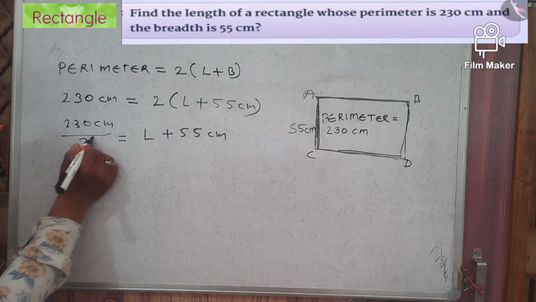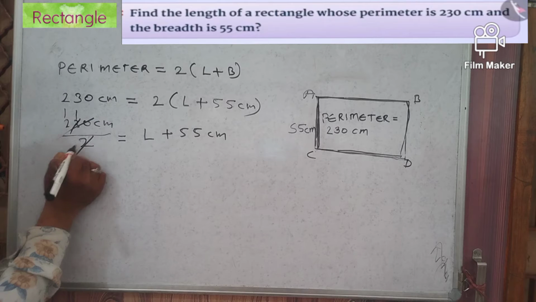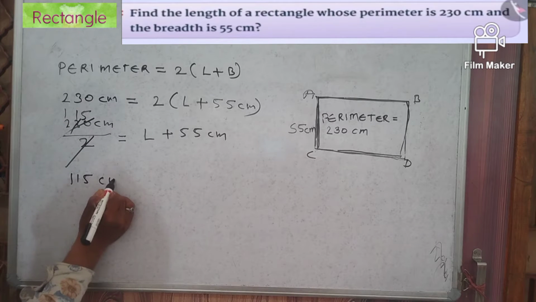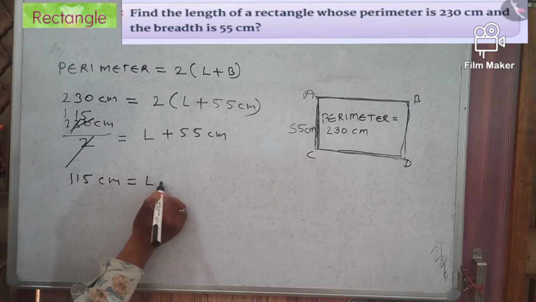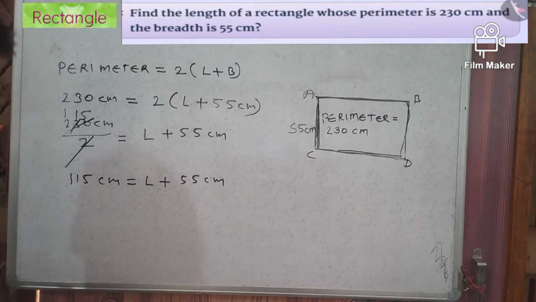centimeter. So 2 1 is 2, 2 3 is 6... it will be 115 centimeter is equal to L plus 55 centimeter.